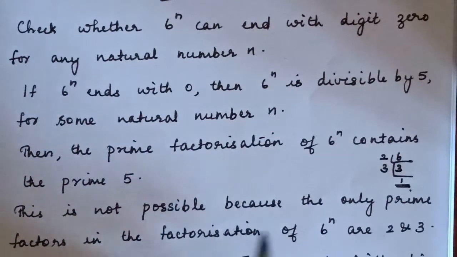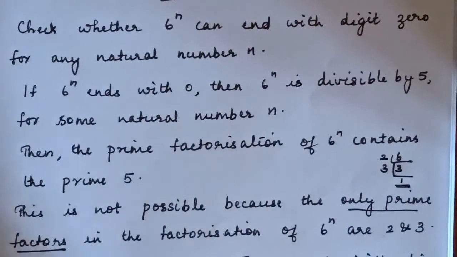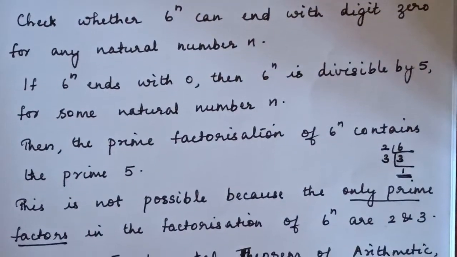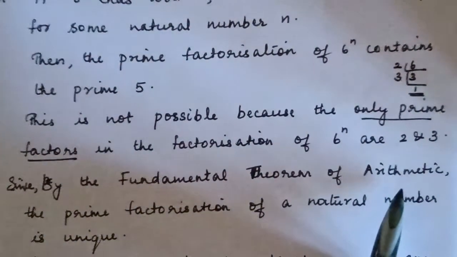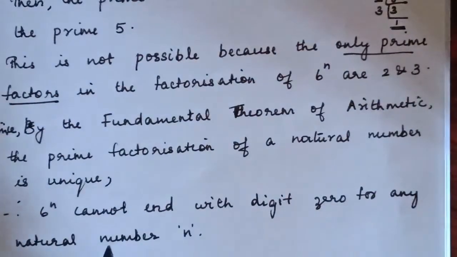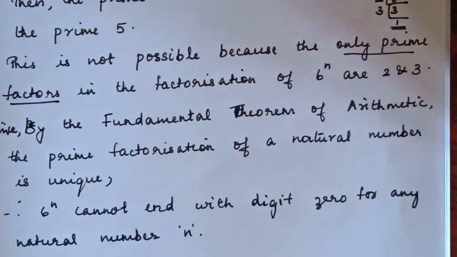So this is not possible because the only prime factors in the prime factorization of 6 raised to n are 2 and 3. Since by the fundamental theorem of arithmetic the prime factorization of a natural number is unique, therefore 6 raised to n cannot end with digit 0 for any natural number n. So what is the fundamental theorem of arithmetic?